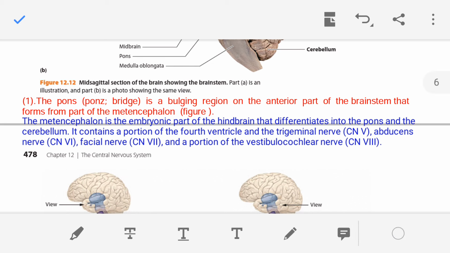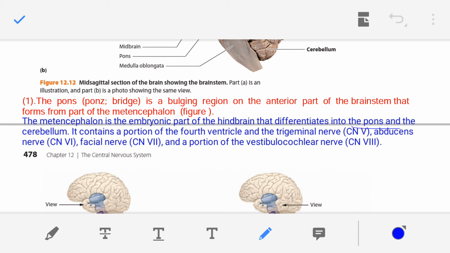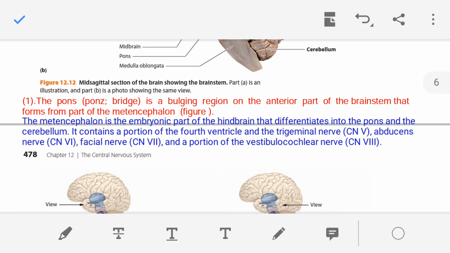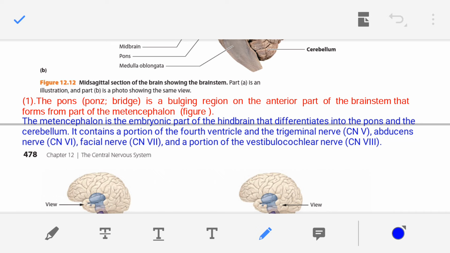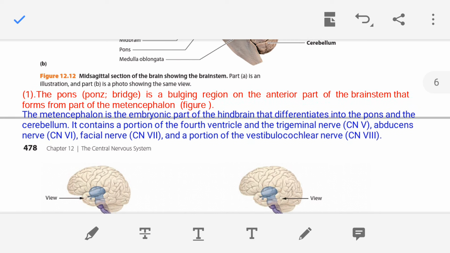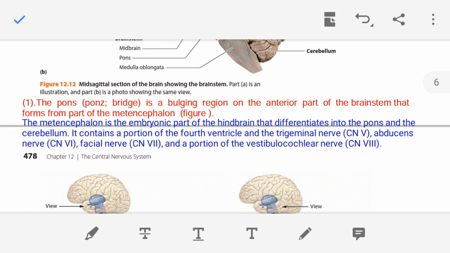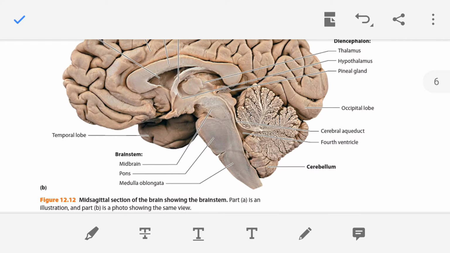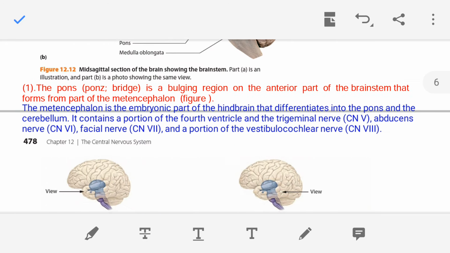So from the mesencephalon, the pons and cerebellum differentiate. In short, the pons develops and is formed by differentiation from the mesencephalon. So this is the first point.